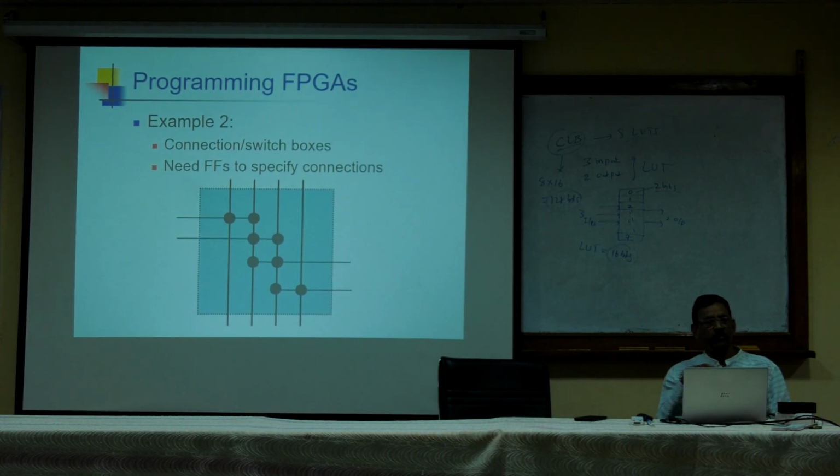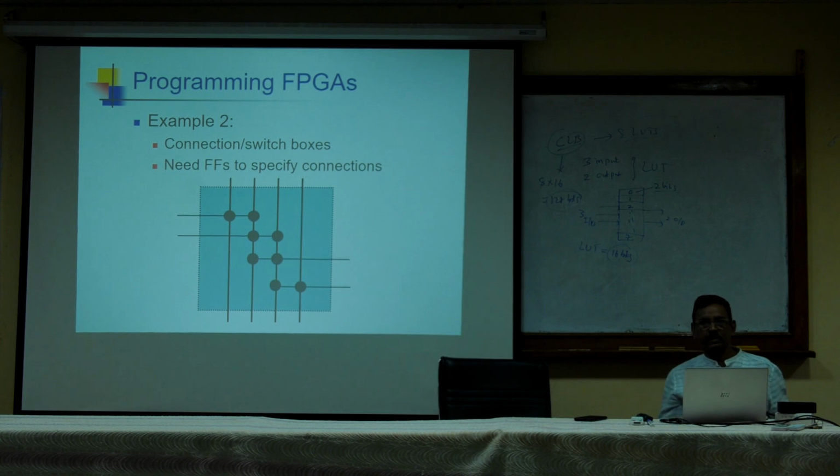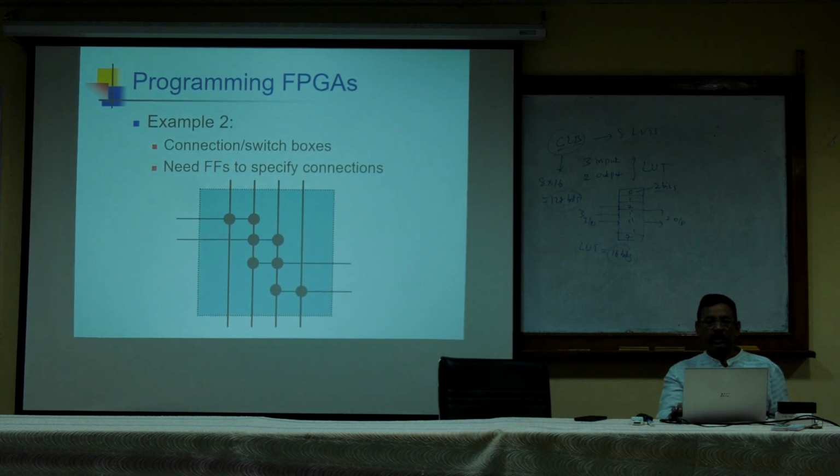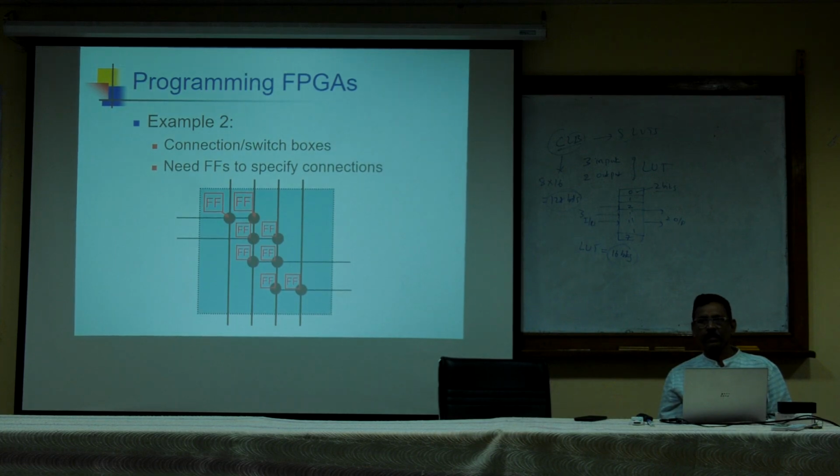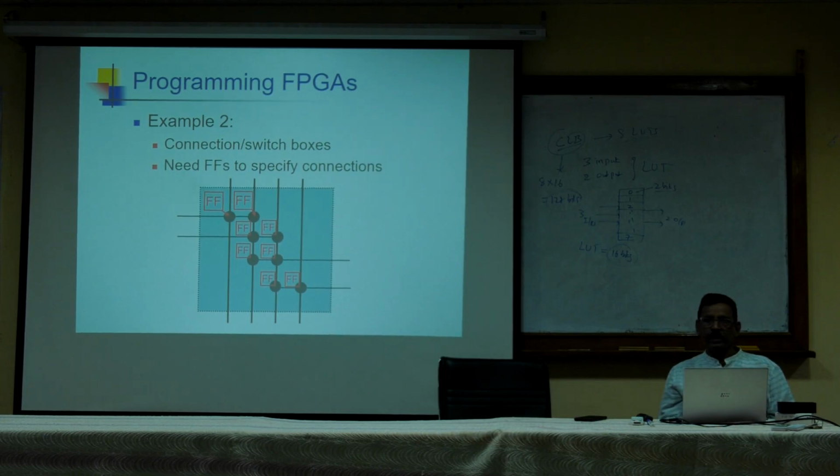If you write 1, it will be connected. If you write 0, it is not connected. All SRAM memory cells are present at the interconnections. Writing 1 to that cell makes the connection; writing 0 gives a disconnection, open.